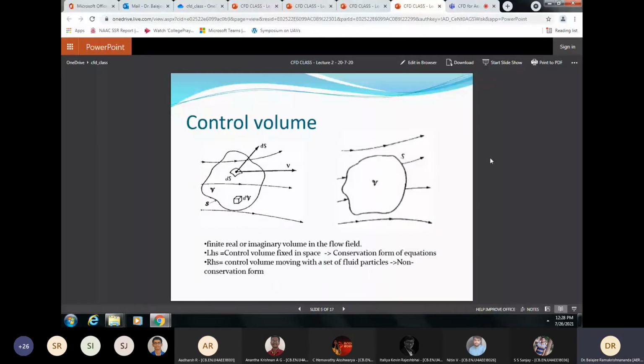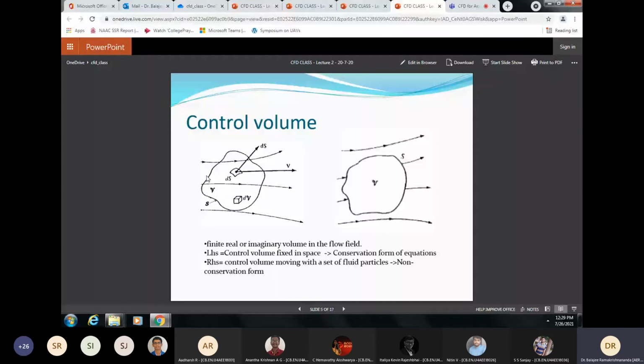Now this is the control volume, which on the left-hand side is called. What is happening there? The volume is fixed in space, the Eulerian formulation. Inside that you have a small dV, which is also fixed in space. Fluid is entering the volume through some direction and leaving through the opposite direction.